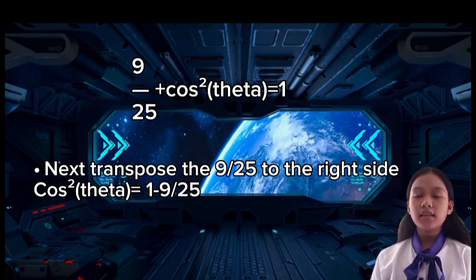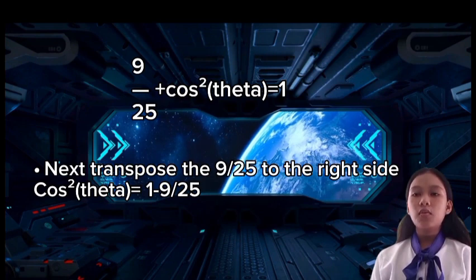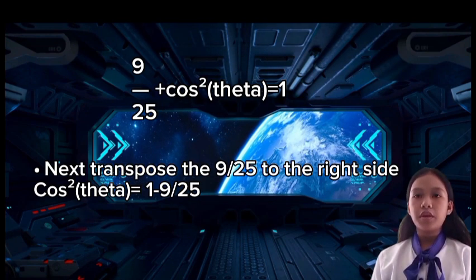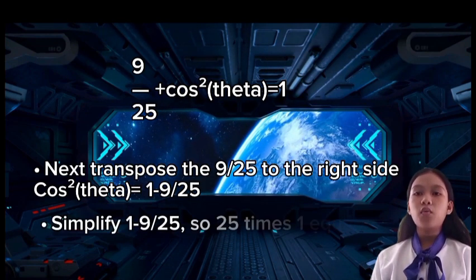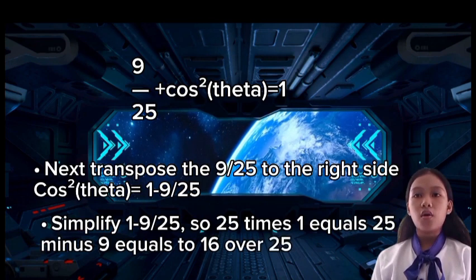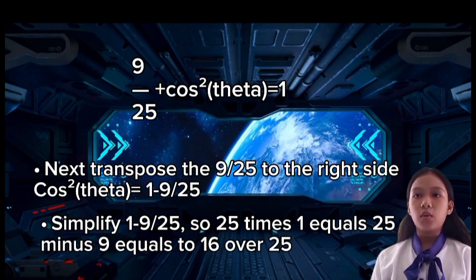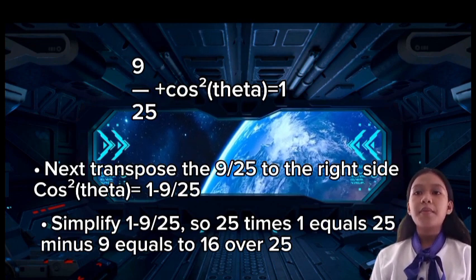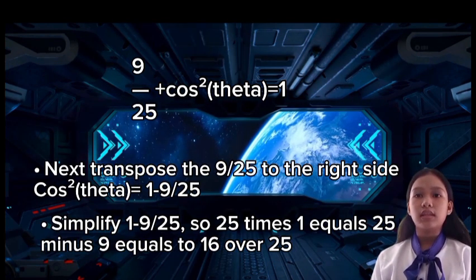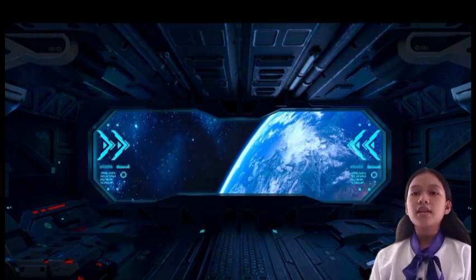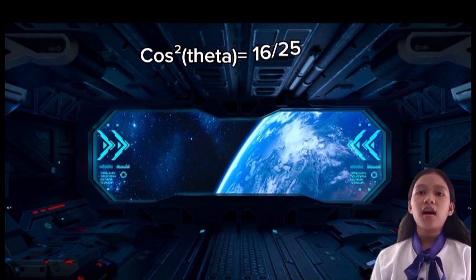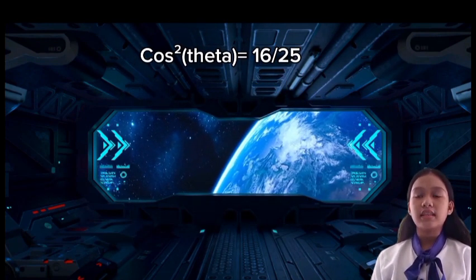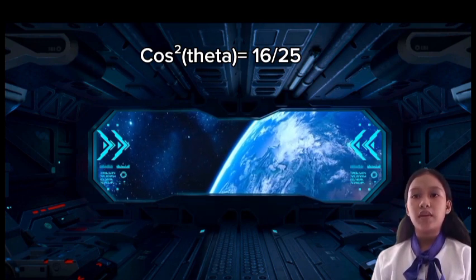Cosine squared theta is equal to 1 minus 9 over 25. Simplify 1 minus 9 over 25. So 25 times 1 is equal to 25, minus 9 equals 16 over 25. So cosine squared theta is equal to 16 over 25.